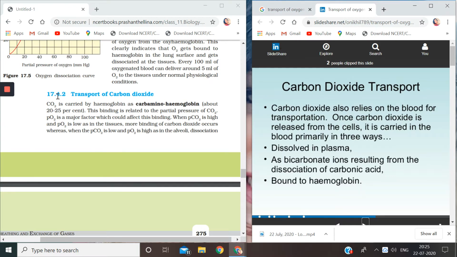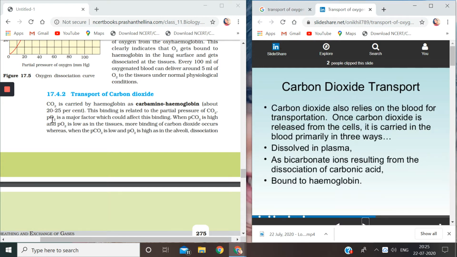When carbon dioxide combines with hemoglobin, the compound is known as carba-amino hemoglobin, which is almost 20-25%, because we have just done in the beginning that 70% is transported in the form of bicarbonate and 7% is dissolved in the plasma. We have done this line earlier also.